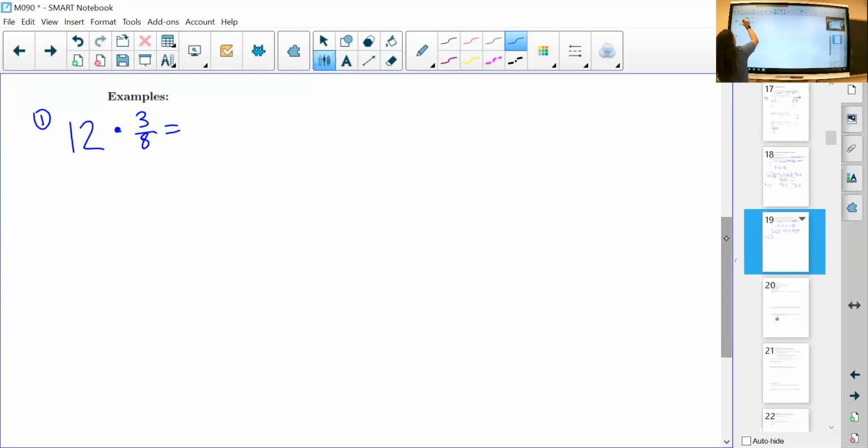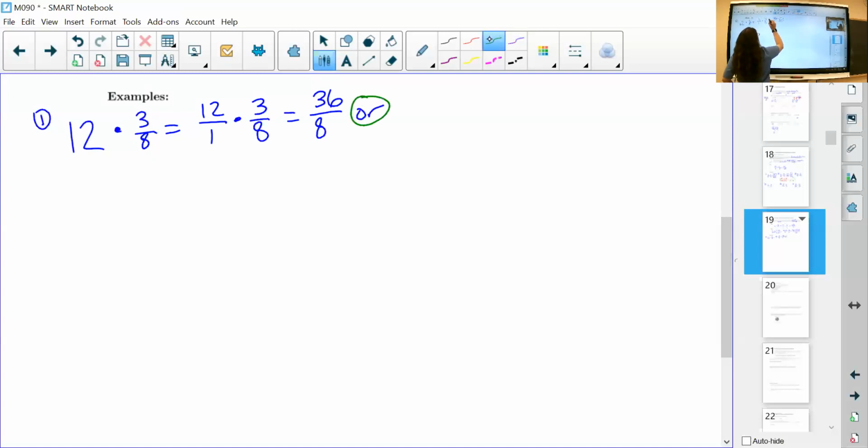But to turn this into an improper fraction, we put it over 1. We have 12 over 1 times 3 over 8. And we can either multiply straight across, getting us 36 over 8, or, let's do this in green, we can divide top and bottom by 4. I get 2 down here, I get 3 up here, and then I get 3 times 3 equals 9 halves.